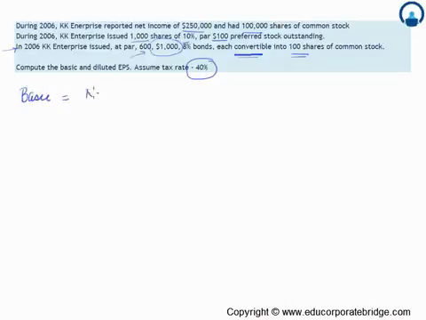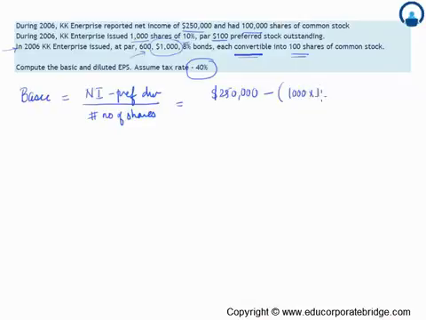Basic EPS is net income minus the preferred dividends divided by the weighted average number of shares. Here this would be $250,000 minus the preferred dividends. Preferred dividends can be calculated as 1,000 shares multiplied by 10% multiplied by 100, which is the par value.